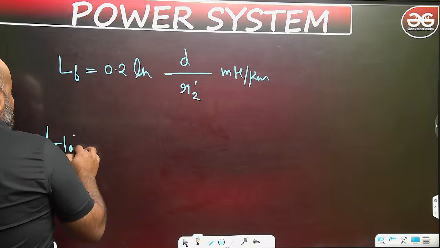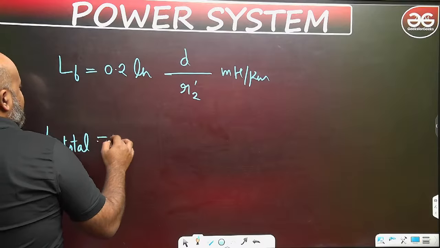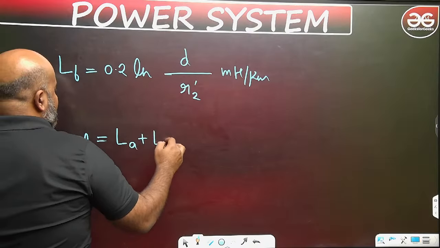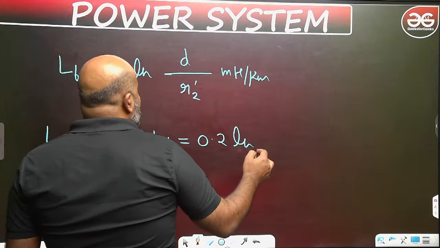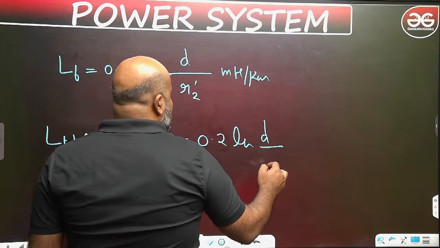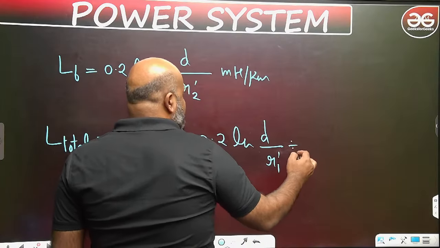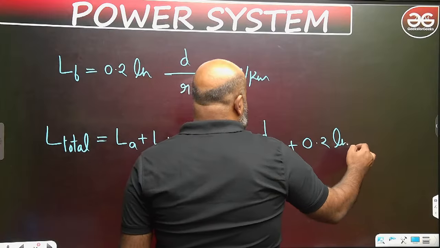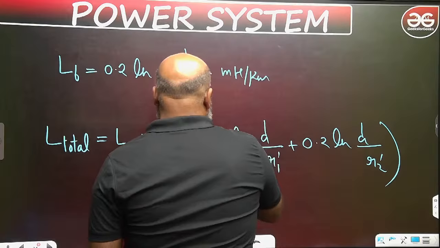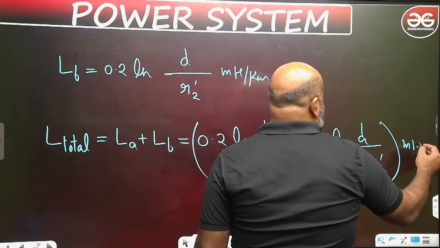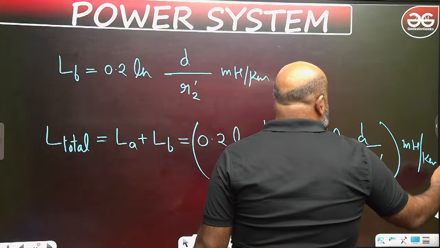So total L is L_A plus L_B. This is 0.2 ln D upon R1 dash plus 0.2 ln D upon R2 dash, and this is millihenry per kilometer.